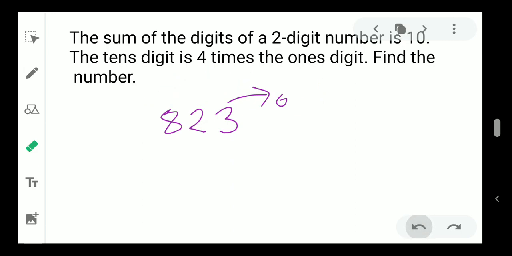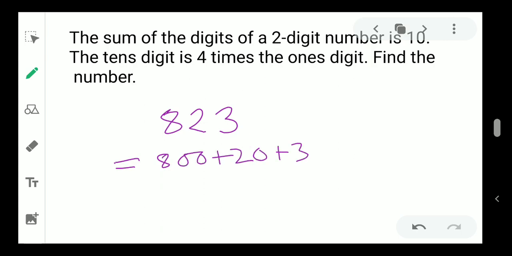So finally, you can always write a number like 823 as 800 plus 20 plus 3. That means 8 into 100, plus 2 into 10, plus 3 into 1.